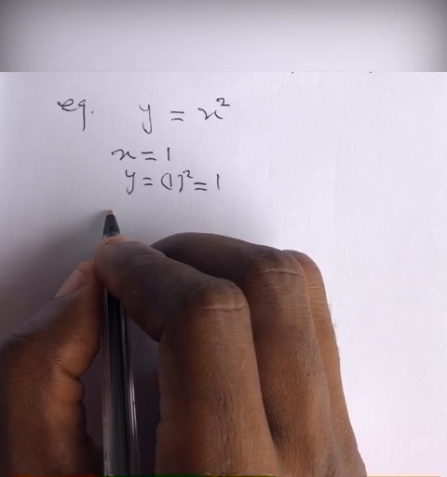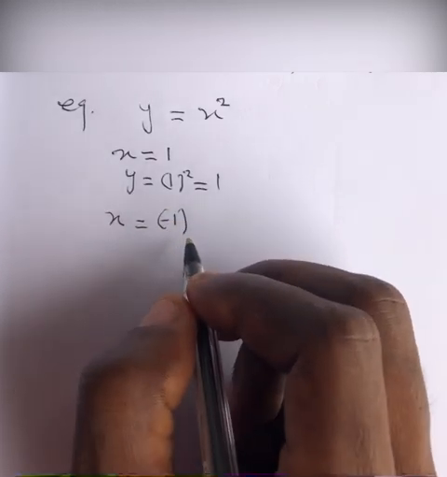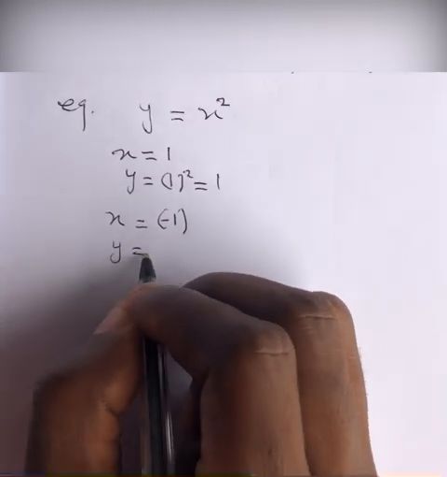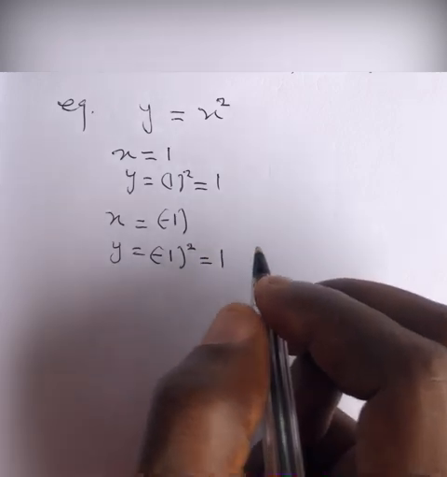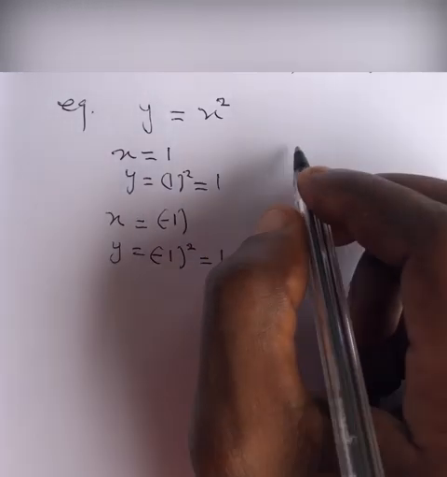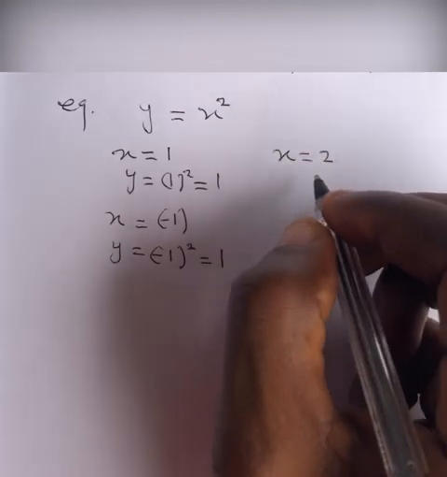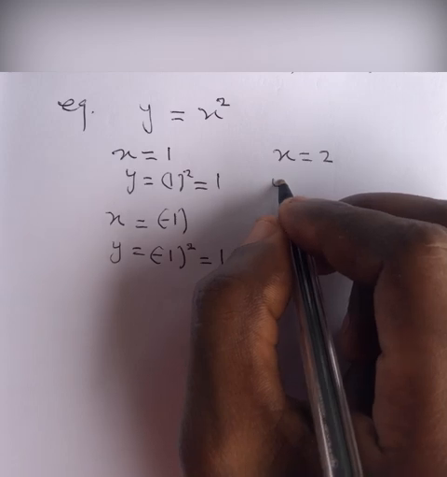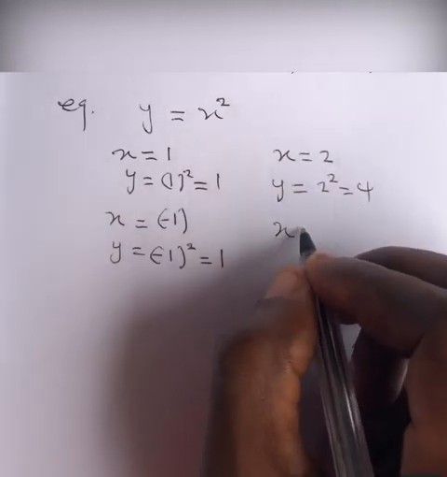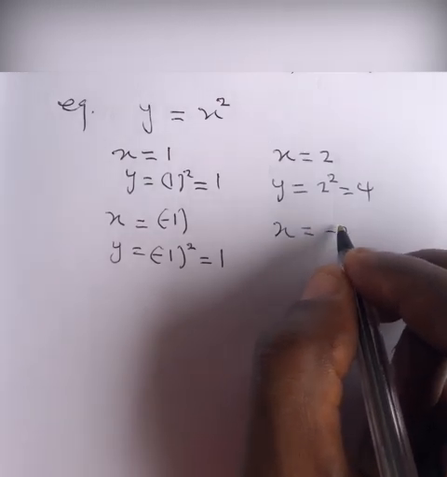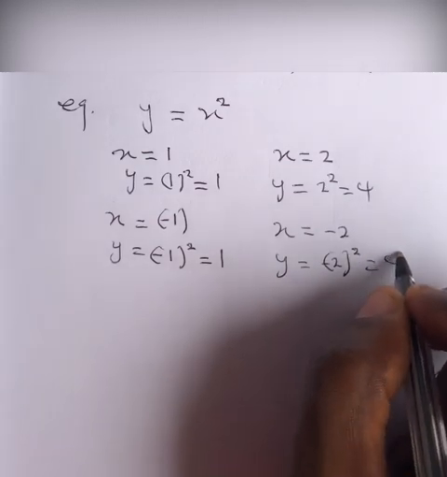If I set x to be -1, then I have y equals -1 squared, which is 1. If I set x to be +2, then I have y equals 2 squared, which is 4. And if I set x to be -2, then I have y to be -2 squared, which is also 4.